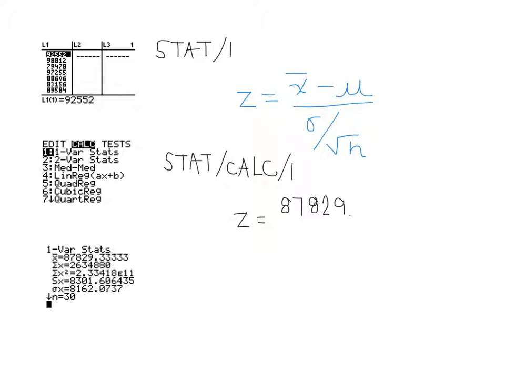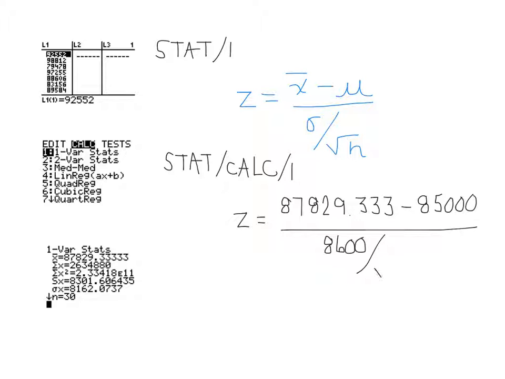It says round all intermediate values to 3 places, so I'll say 0.333, minus the claimed mean of $85,000, divide by the standard error, which is our sigma given to us in the stem of the problem. It was $8,600, divided by the square root of our sample size, which would be divided by the square root of 30.